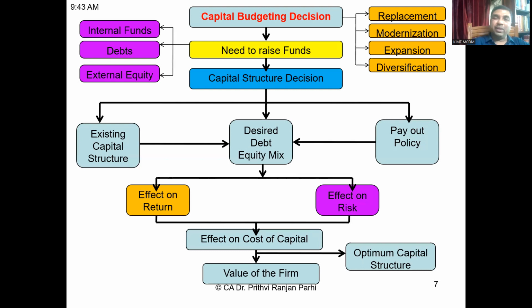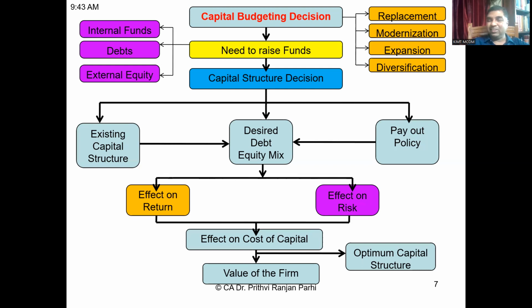Then one more thing relevant in this situation is the payout policy. That means how much money is available for distribution to shareholders, and whether the company would like to pay that money or retain it. On that basis, the desired debt equity mix decision or capital structure decision is taken.